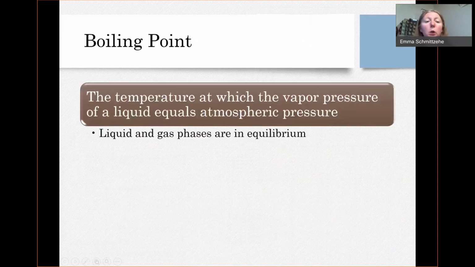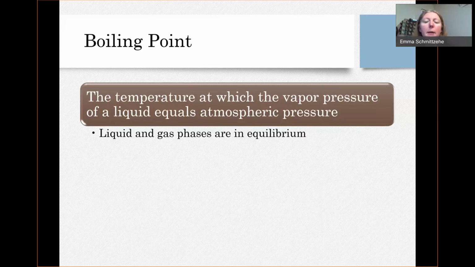Now, next one we want to look at is boiling point. So boiling point is the temperature at which the vapor pressure is equal to the atmospheric pressure, or in other words, it is when the liquid and gas phases are in equilibrium. So the first explanation there is the technical definition. And when those pressures are equal, it means that there's nothing really holding those liquid particles in the solution anymore.